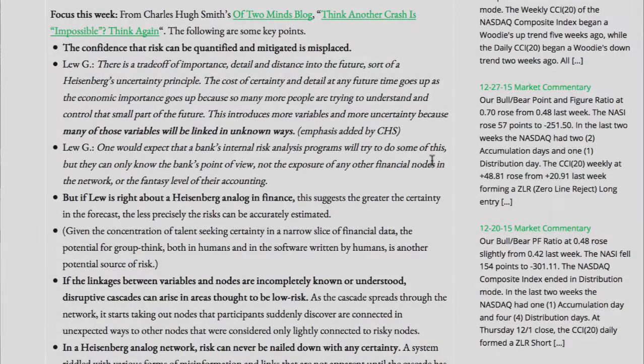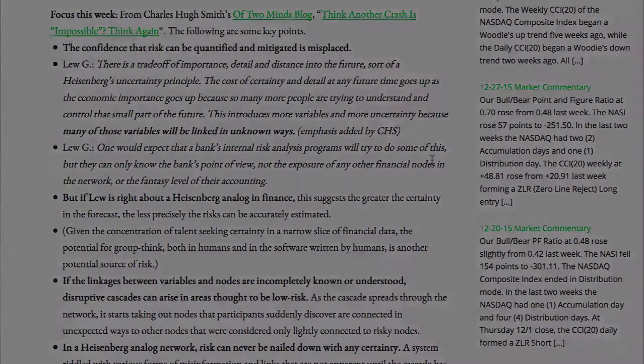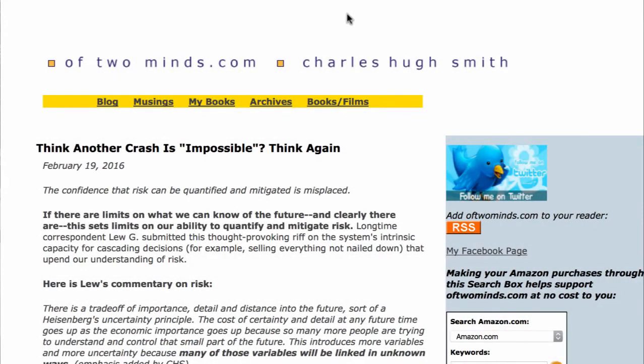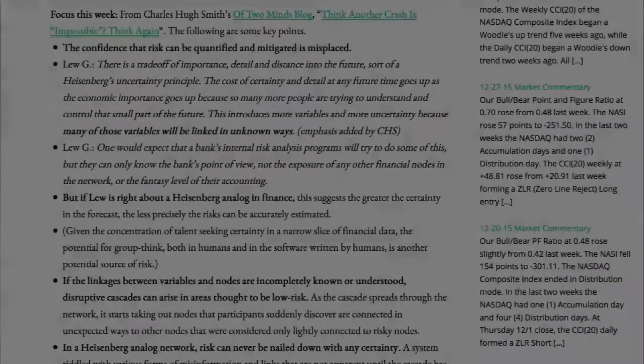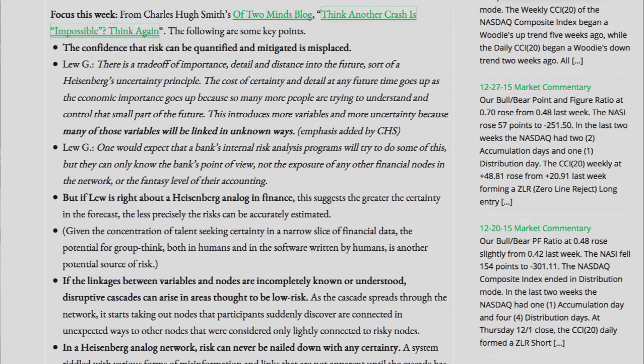Focus this week from Charles Hugh Smith's Of Two Minds blog. Think another crash is impossible? Think again. The following are some key points. The confidence that risk can be quantified and mitigated is misplaced. Lou G. There is a trade-off of importance, detail, and distance into the future, sort of a Heisenberg's uncertainty principle.